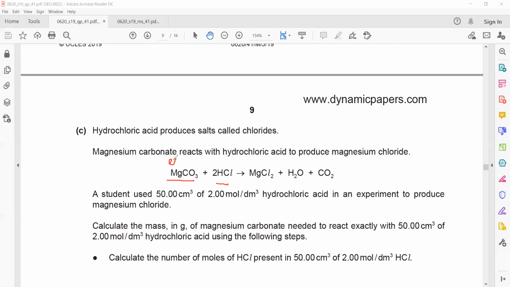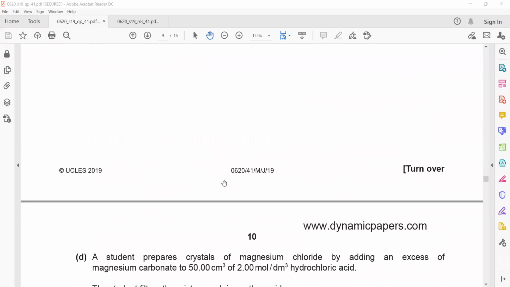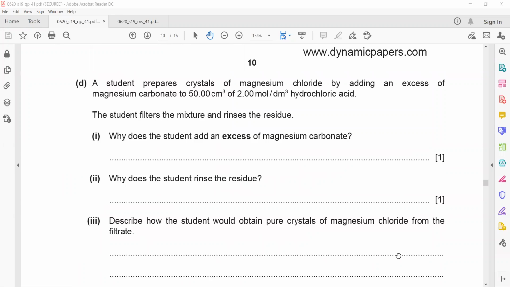If I use this one as an excess, then the other one will be limiting. And what is a limiting reagent, limiting reactant? Limiting reagent or limiting reactant is used up completely. So all of the acid will react. So make sure all of the acid reacted.